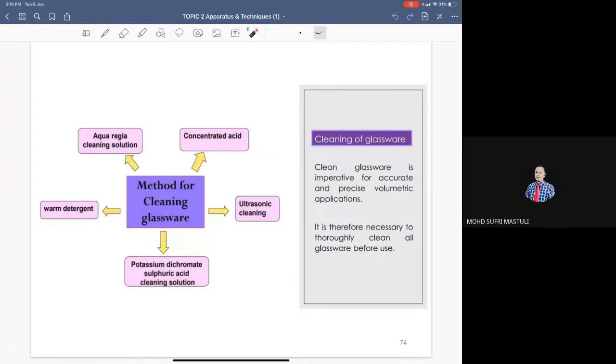So, cleaning the glassware is very important for accurate and precise volumetric application. So we have to clean all the glassware before use.